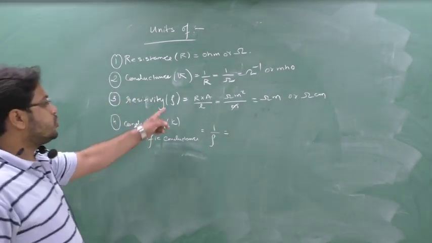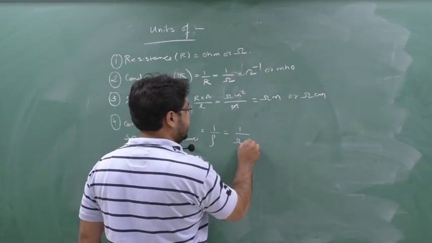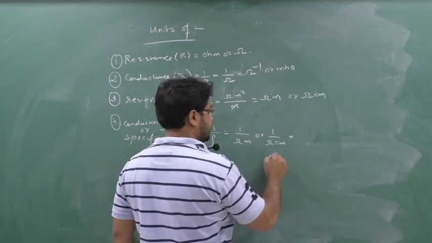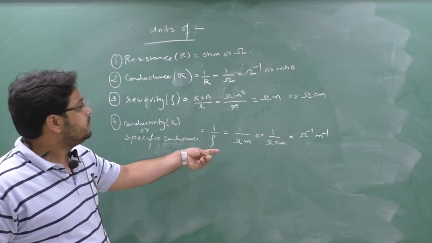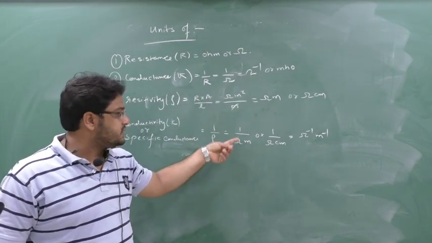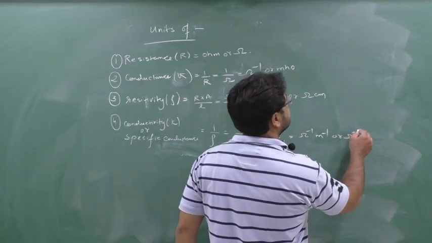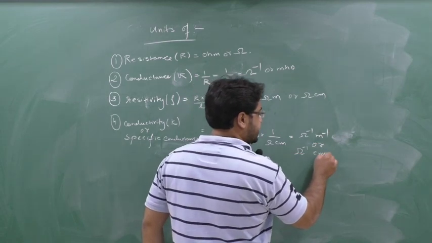Rho unit is ohm meter, 1 by ohm meter, or we can say 1 by ohm centimeter, which is equal to, I can write like this also, ohm inverse, meter inverse, because 1 by ohm is ohm inverse or mho. So 1 by ohm means ohm inverse, and 1 by meter means meter inverse, or I can take ohm inverse, centimeter inverse.